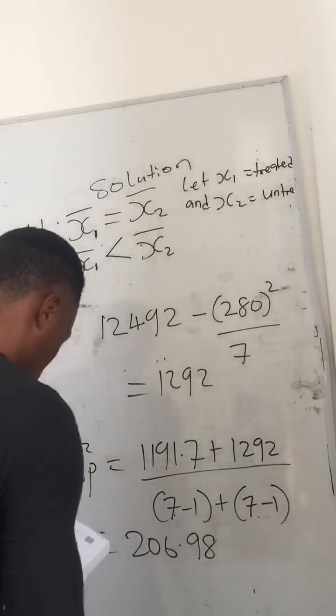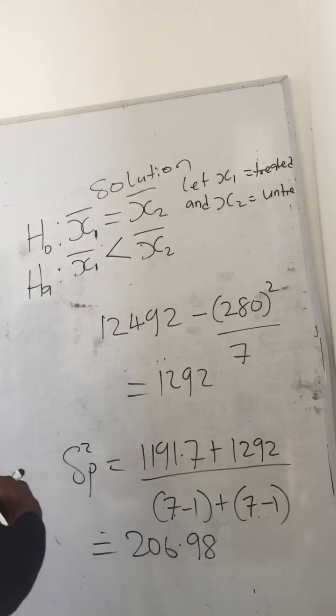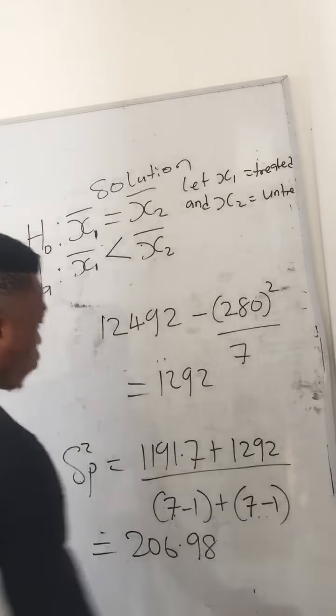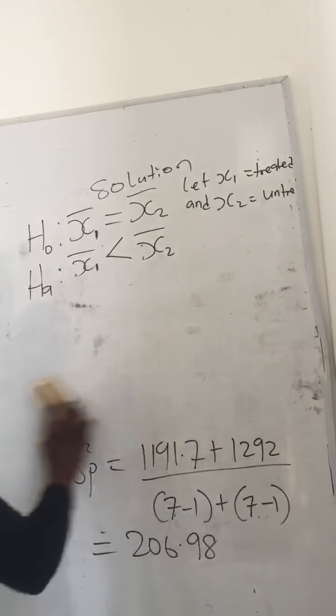Now we have our pooled variance, we can put it back into our formula to get our test value.